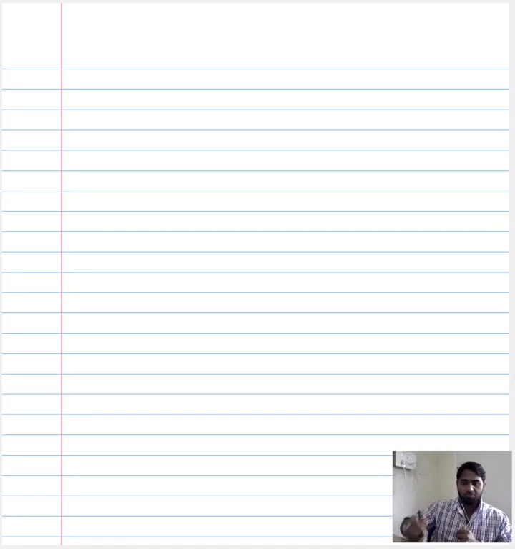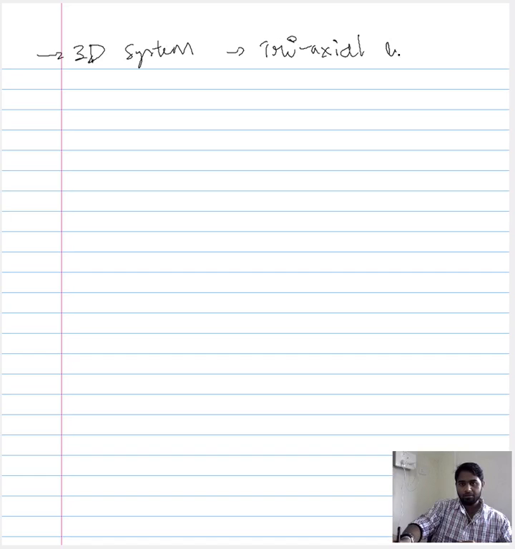So when you have a 3-dimensional system experiencing triaxial loading, the components of stress that are necessary in order to describe its mechanical condition can be written something like this.